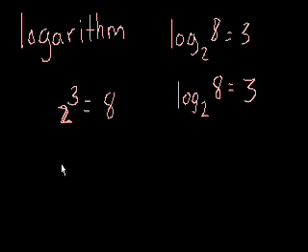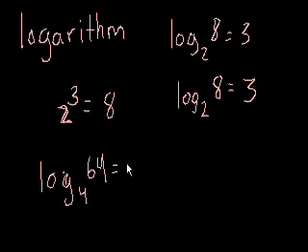If I were to say log base 4 of 64 is equal to x. Another way of rewriting this exact equation is to say 4 to the x power is equal to 64.